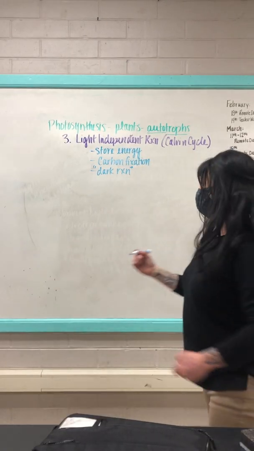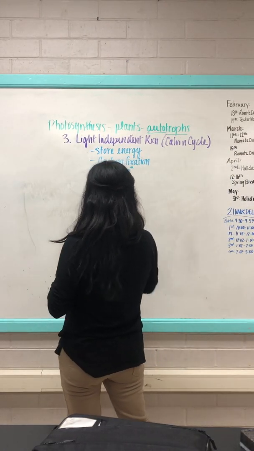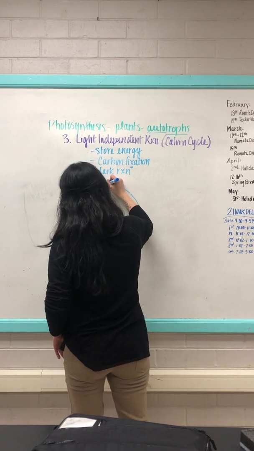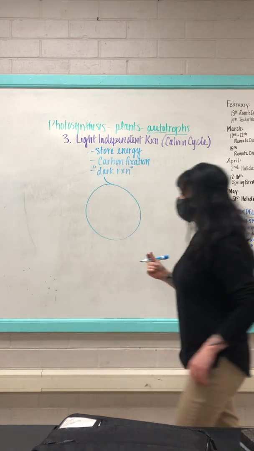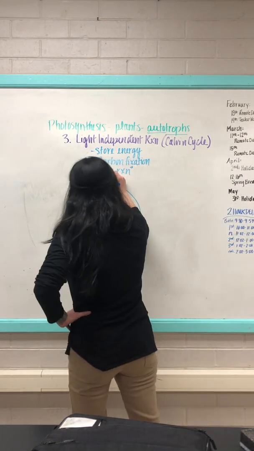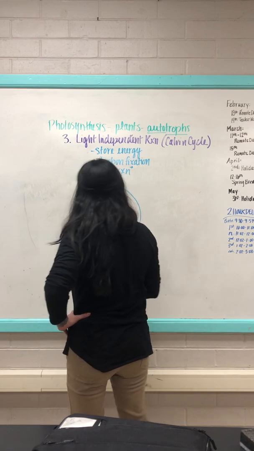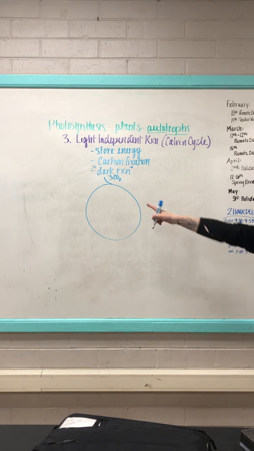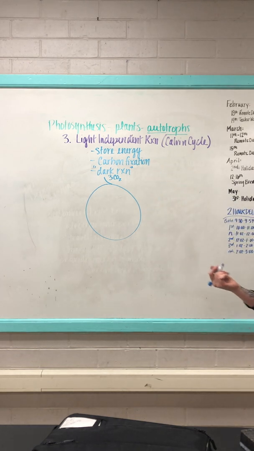Okay, does everybody have this now? Okay, I'm going to do a really rough sketch of the Calvin cycle. So it's going to start with 3 CO2. Where does the CO2 that the plants are using come from?